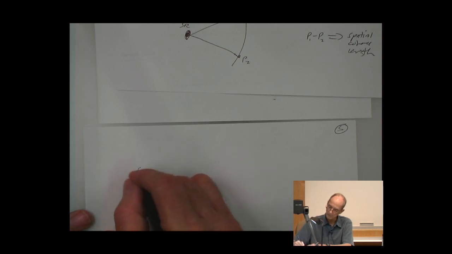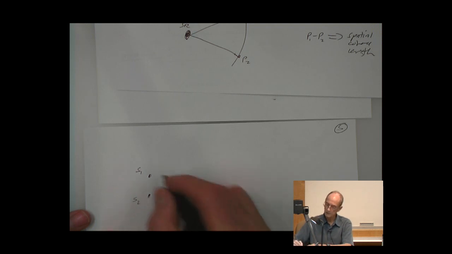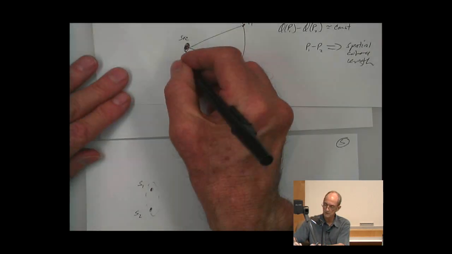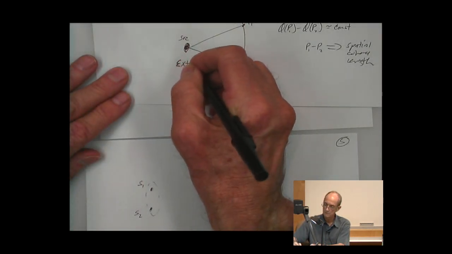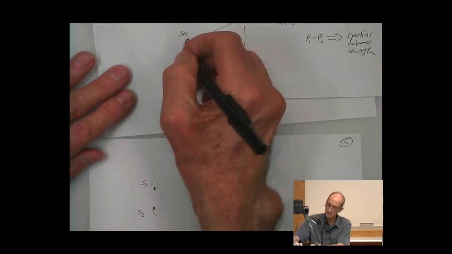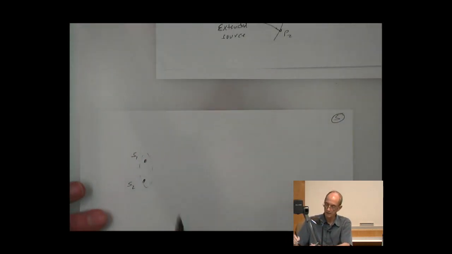So here's S1 and S2. And so this is actually a combination which is kind of representing this extended source, or let's call it a spatially extended source. All right, so we could think of a very simple extended source as 2-point sources that are radiating at the same wavelength, okay?